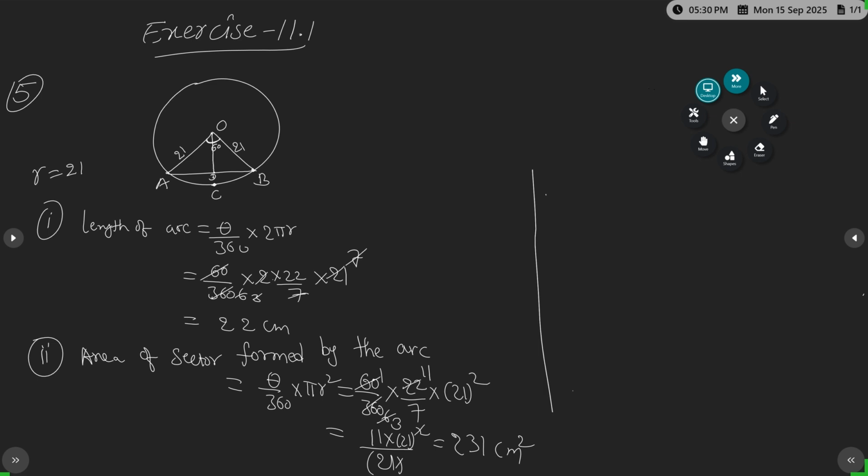Next, third one, now we find out the area of the segment formed by the corresponding chord.